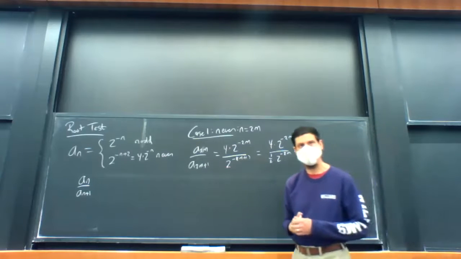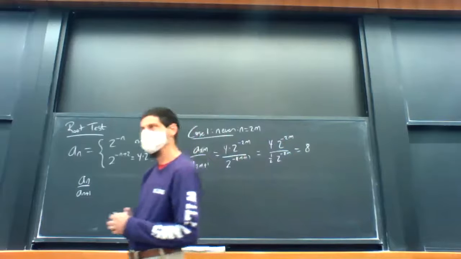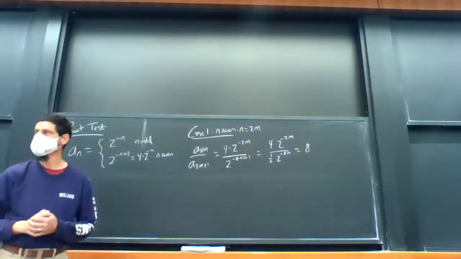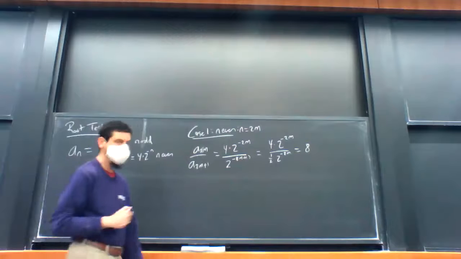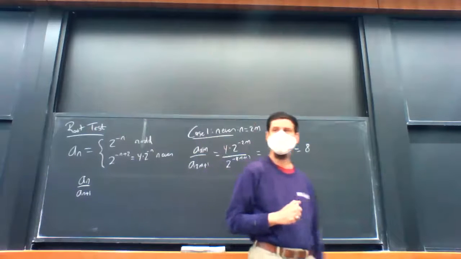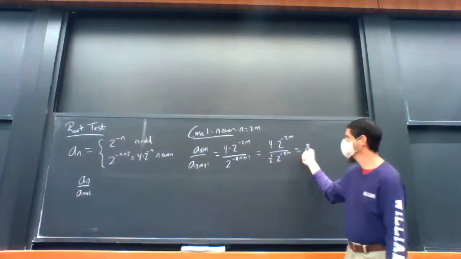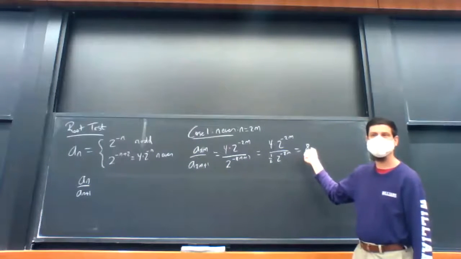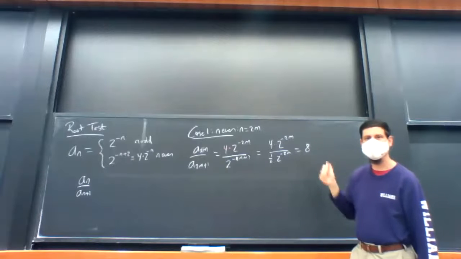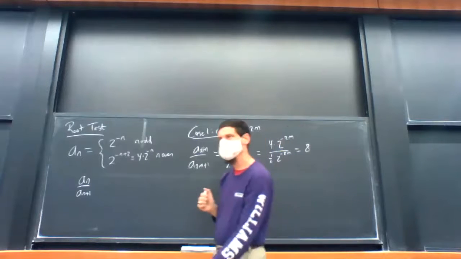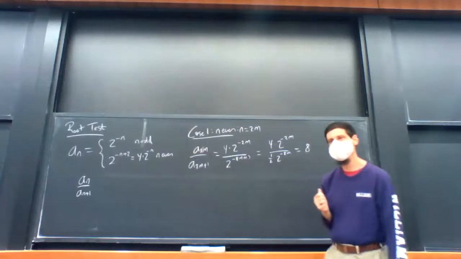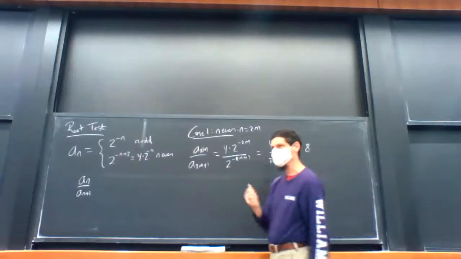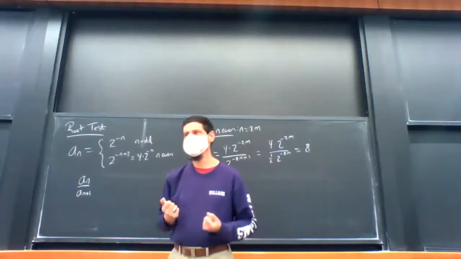Okay. What does that mean? So we just calculated that this is 8. What do you want to say? It diverges. Why does it diverge? What's greater than 1? Because you're very specific.